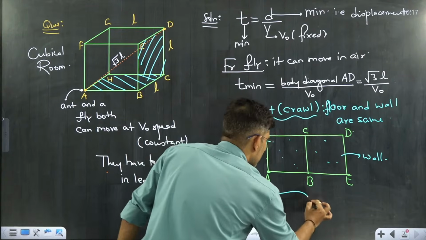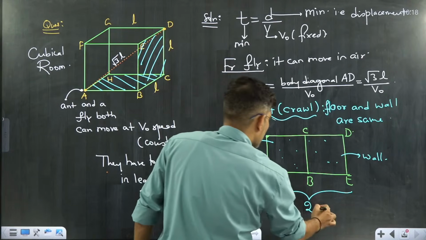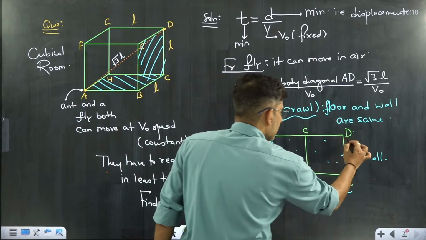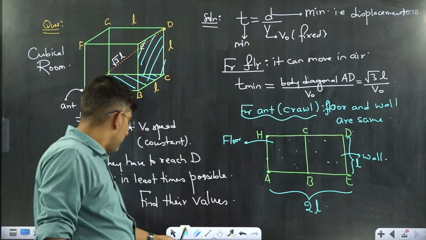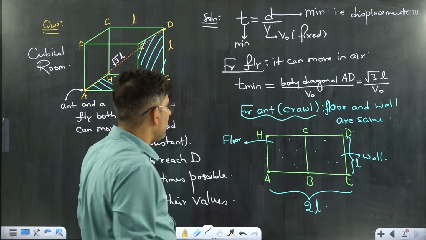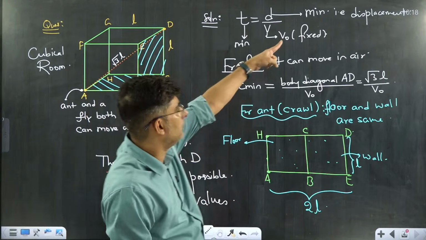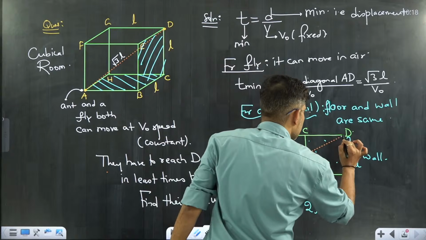Now this total length, this is L, this is L. This will become how much? It will become 2L. And this one is how much? L. Now, for the ant also, it has to travel the shortest path, the displacement. What is the displacement? Just the shortest path joining the initial and final position.